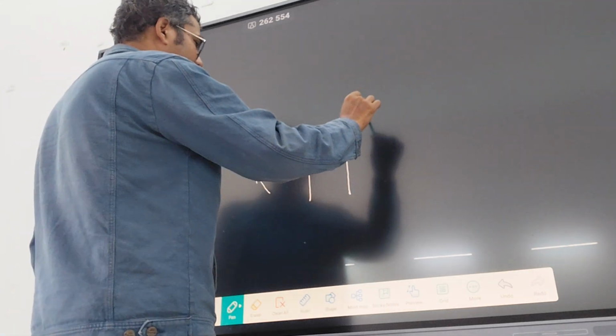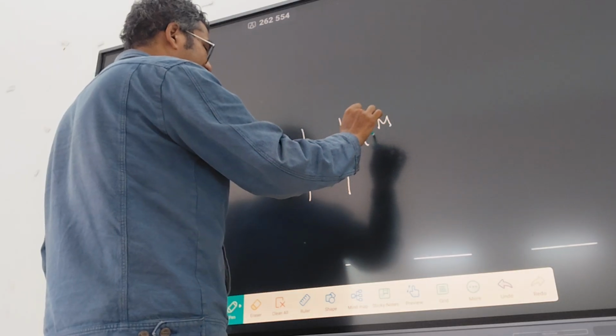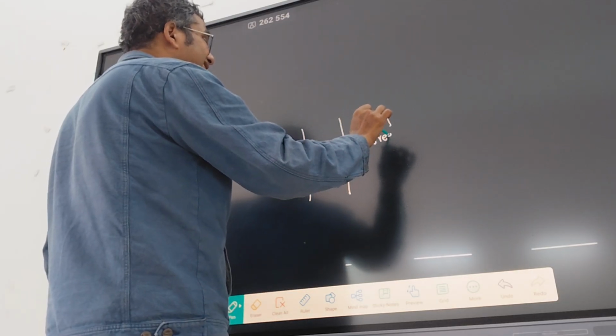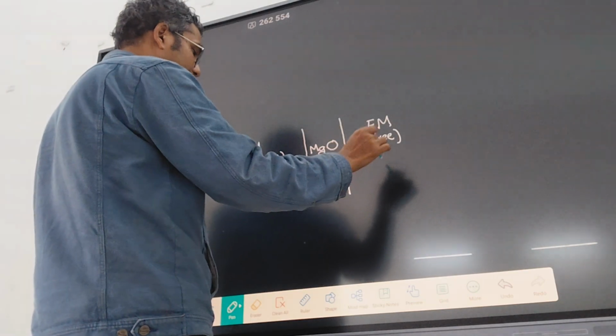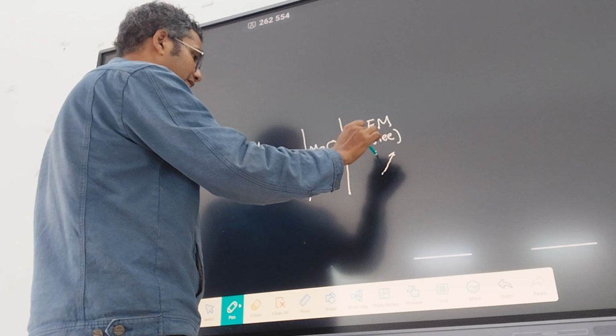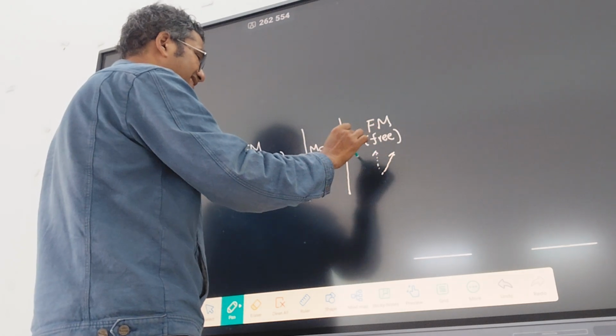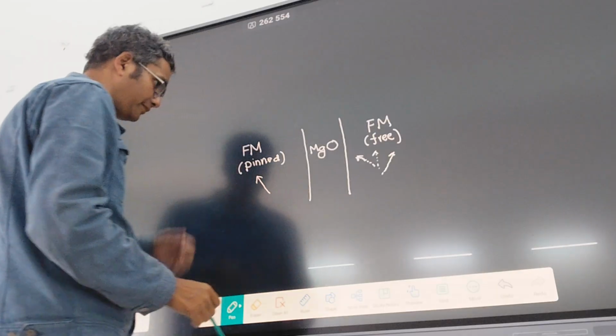And there is another ferromagnetic layer which is free, which has got किसी भी डायरेक्शन पे मान लो उसका ऐसा भी है, ऐसा भी, any direction, nothing is fixed, can move in any direction.